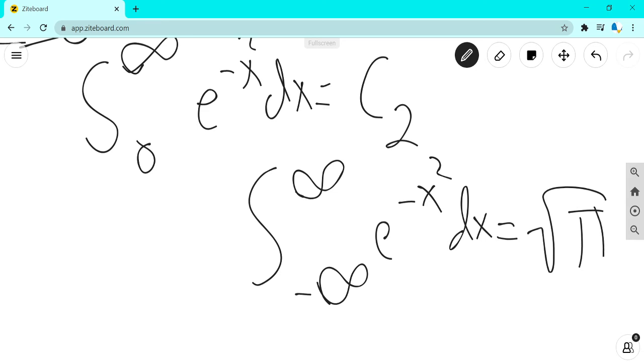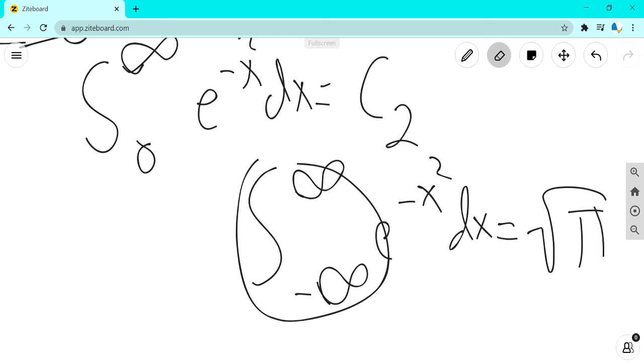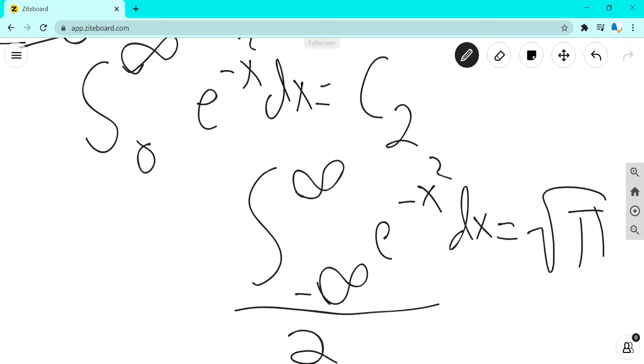We have from 0 to infinity, but this is basically just 2 times the integral from 0 to infinity, so we can divide by 2.